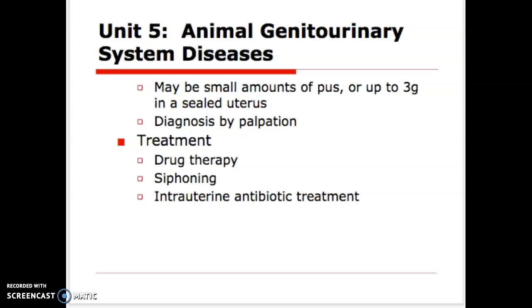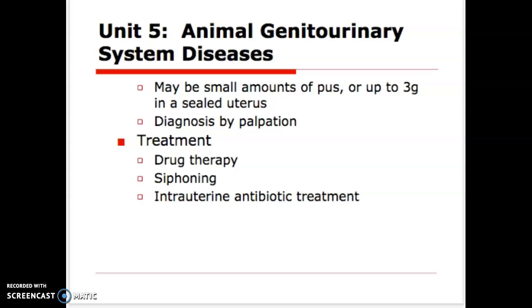And so the best way to diagnose it is by palpation. Treatment is simple hormone therapy, kind of get that stuff ejected out of there. You can pass a pipette up into there and siphon it off, and then go with some intrauterine antibiotic treatment. I know that the last two are problematic because you have to know that you are removing more pathogens than you are introducing.